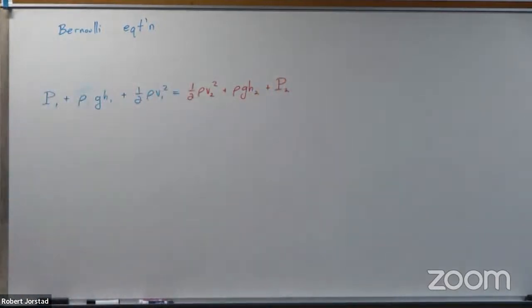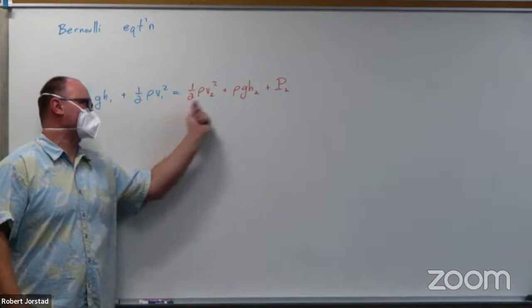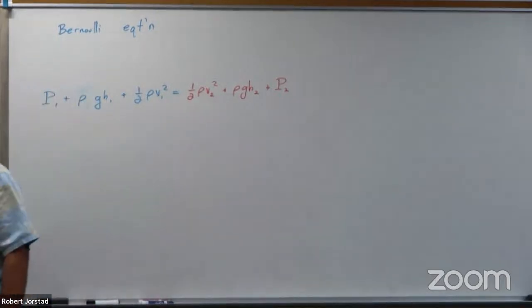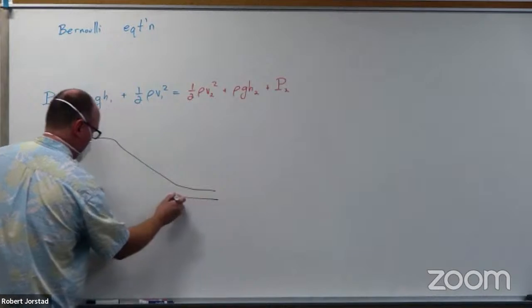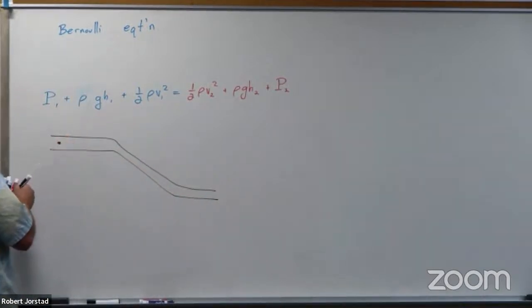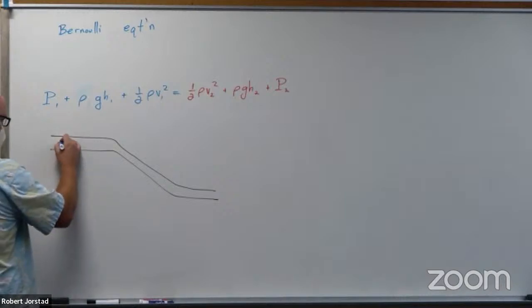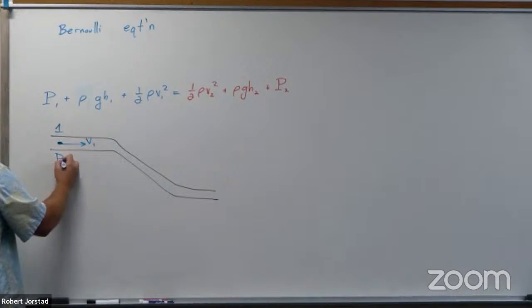If something is constant, basically, if I sum them with a 1 subscript, that should equal them summed with a 2 subscript. Does that make sense? So you pick 2 spots in the fluid. So right here could be spot 1. There's going to be a velocity 1. There's going to be pressure 1.